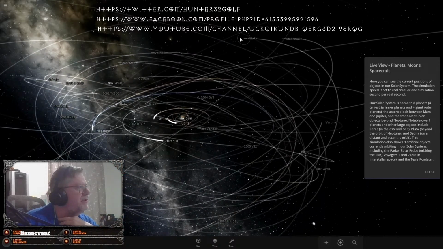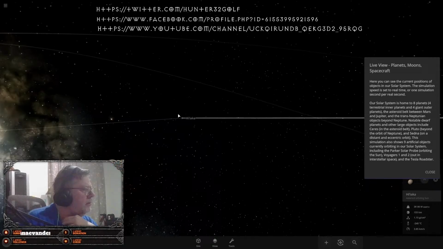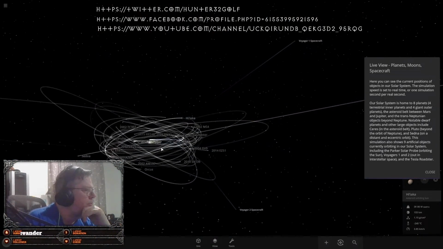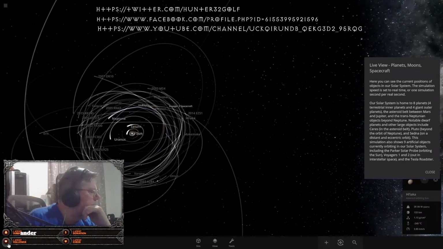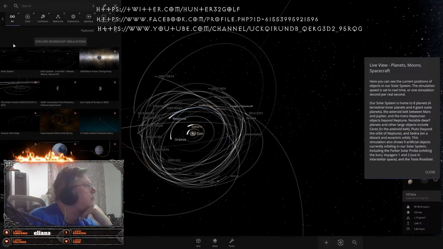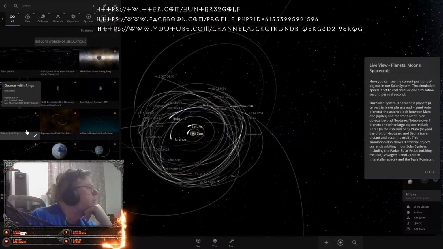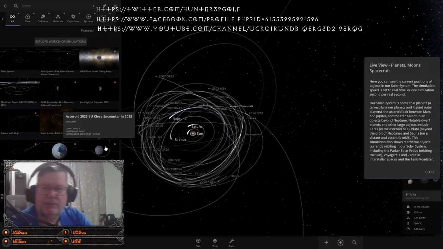But see, the weird thing is they have the moon here of Haumea, but they don't have Haumea. It's the silliest thing. But this is another view of the solar system. So that's the sun.